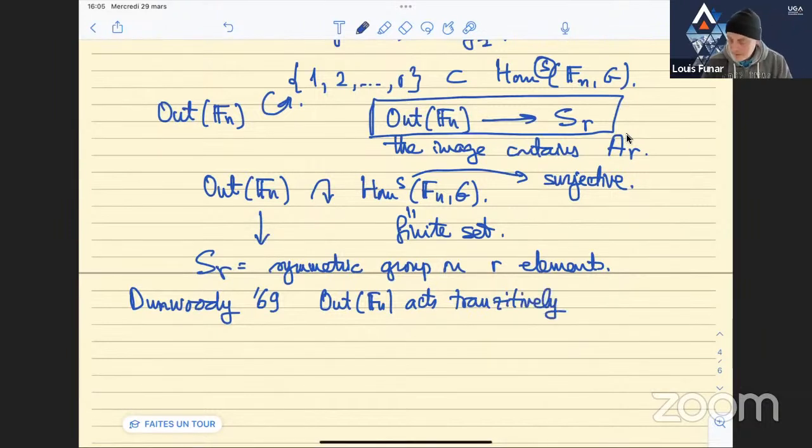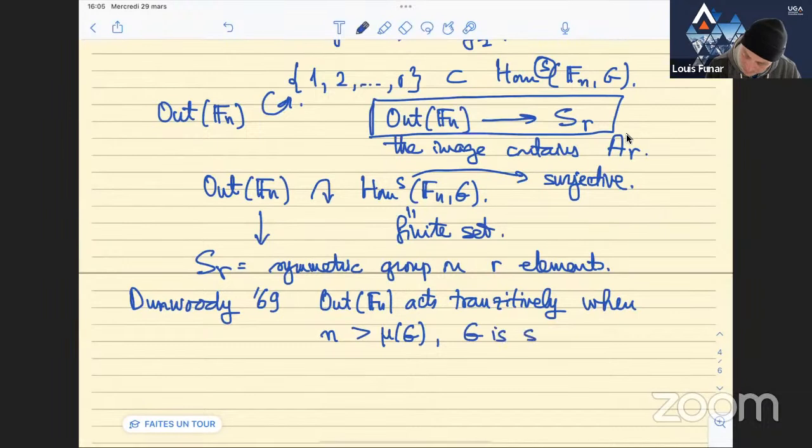That's less than saying it is a full group, but it is enough to permit everything transitively if, well, like in the conjecture by Shalev-Garion, n is bigger than the number of generators of G, and G is solvable, finite solvable.